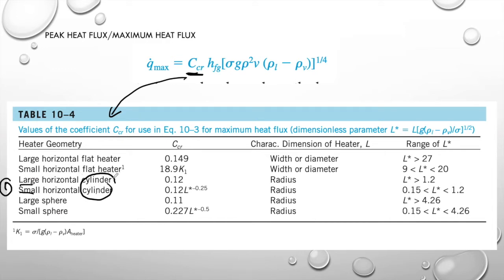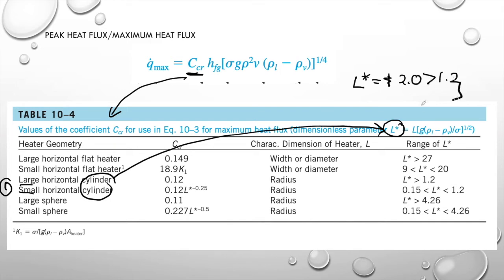Second one, we have to determine the value of L star. So substitute the values here. Take out this equation and then substitute all the values to get L star. So I get L star is 2.0, which is greater than 1.2.